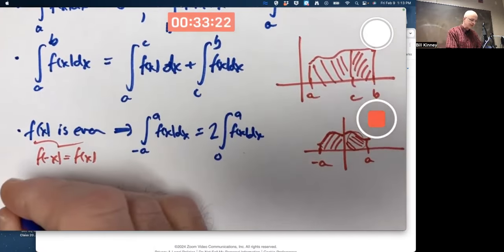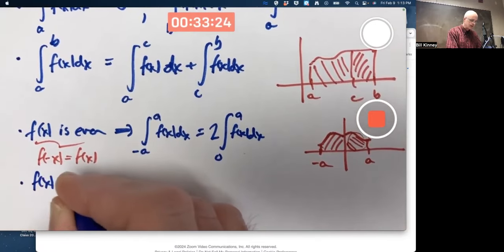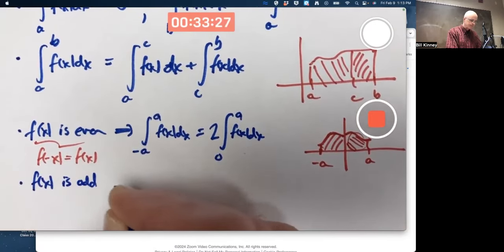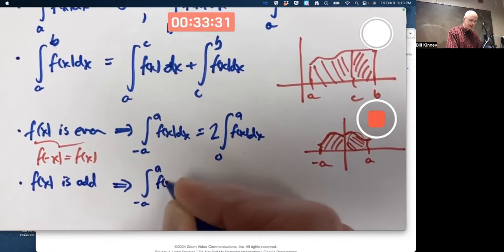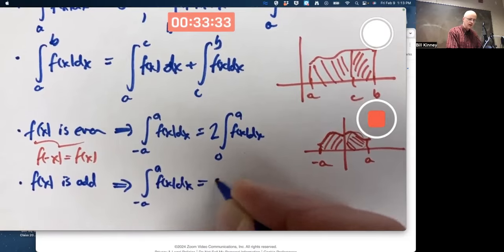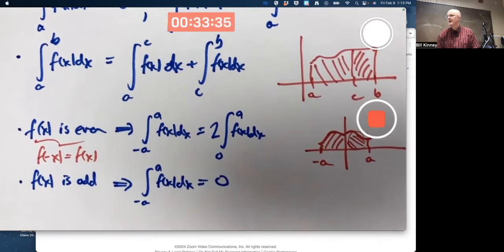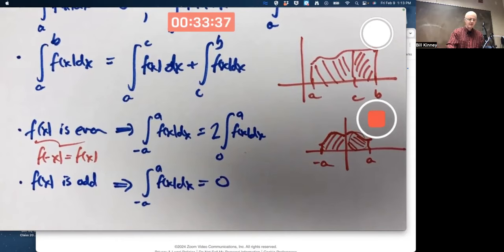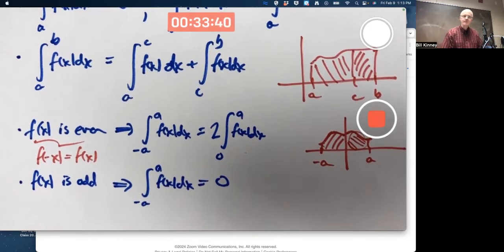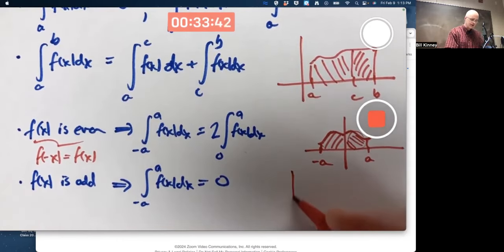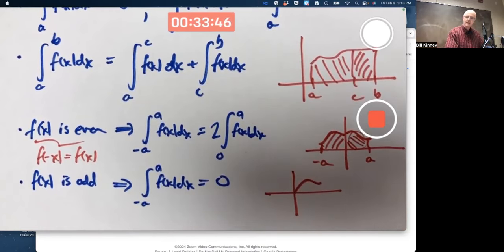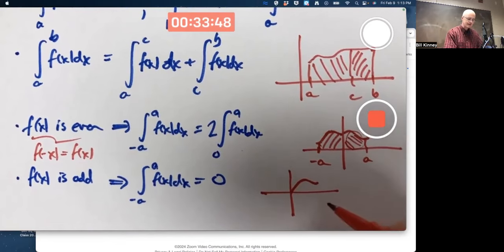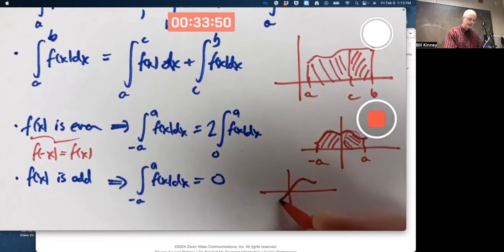If f of x is an odd function, it's even better. Then the integral from negative a to a over an interval centered at 0 is always 0. You don't even have to do any work. Wow, that sounds like maybe the best property of all. Odd functions have what's called origin symmetry. If the graph to the right of the axis looks like this, then the graph to the left is going to look about like this.